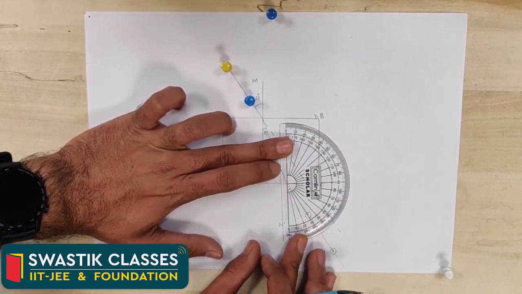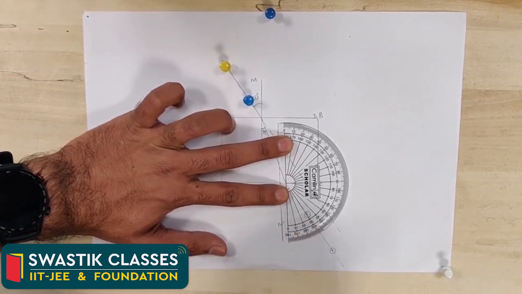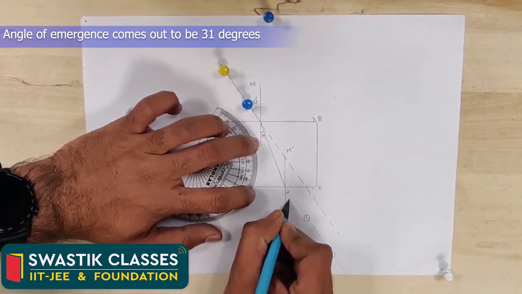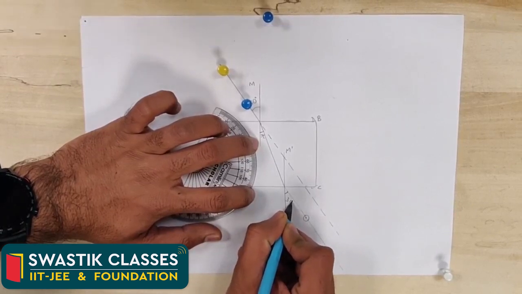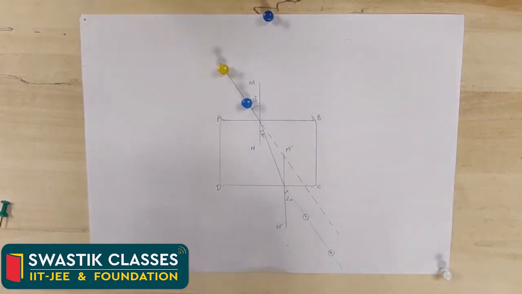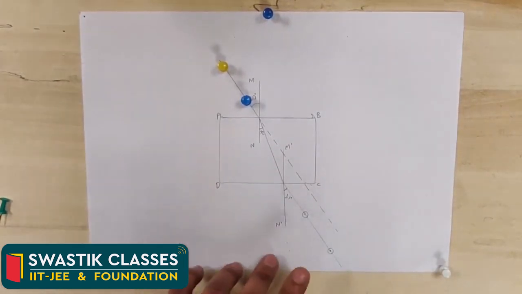It is coming approximately 31 degrees. So this 1 degree error can be there. This angle of emergence I'm getting is 31 degrees. It can be due to human error or some parallax. So our incident angle was 30 degrees and our emergent angle is 31 degrees.